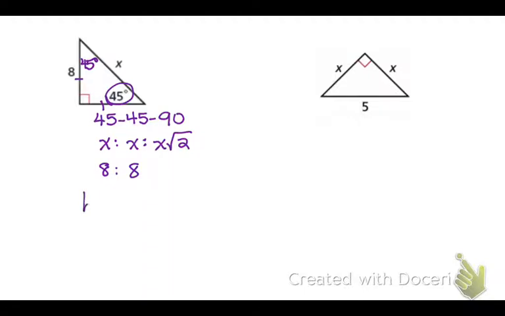The length of the hypotenuse is always going to be the length of the leg times radical 2. So all I have to do is plug in the length of the leg for x, and I know that the last part is going to be 8 radical 2 for the length of the hypotenuse.